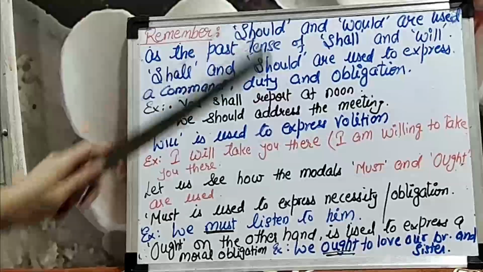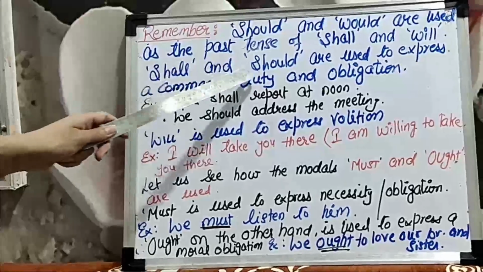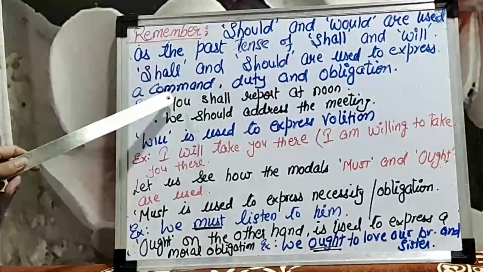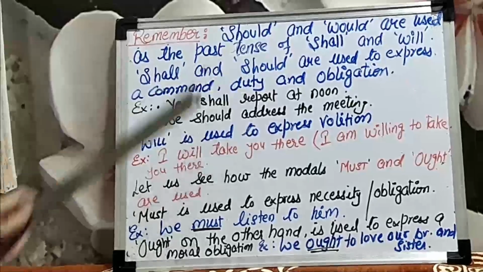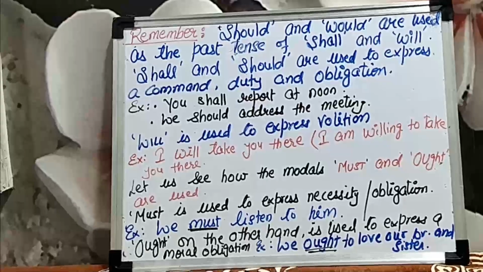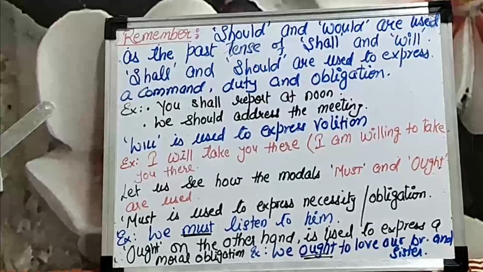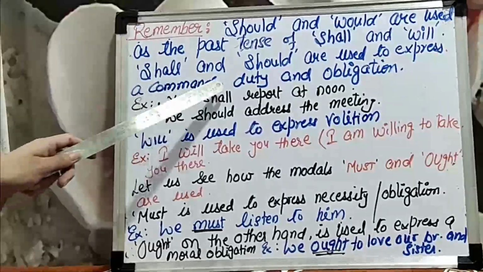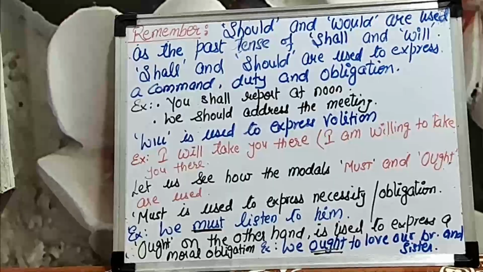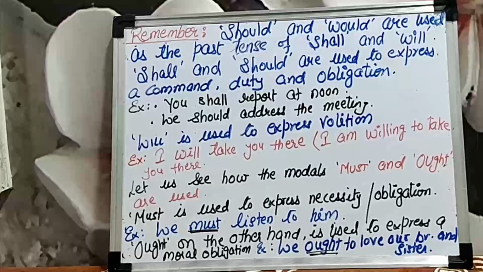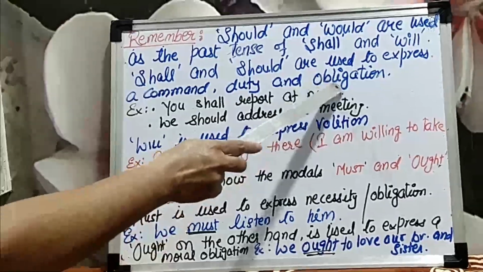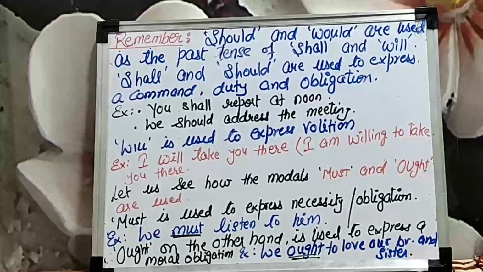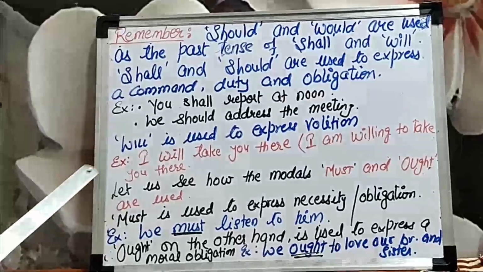Shall and should are used to express a command, duty and obligation. In your previous class also I taught you this. Obligation is the condition of being morally or legally bound to do something.